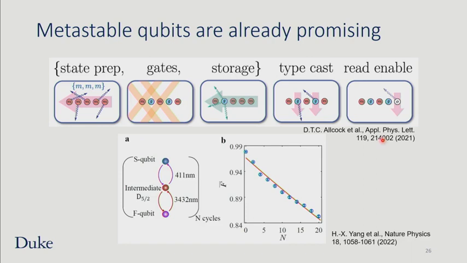And in 2022, a group from Tsinghua University in China experimentally showed that you can convert a ground qubit state to a metastable qubit state and vice versa. And this process had pretty good fidelity, and this was done in less than a microsecond, so it was pretty fast. So we know we can do this.